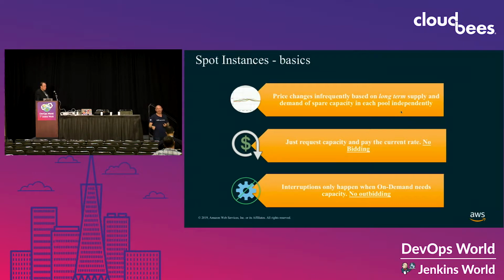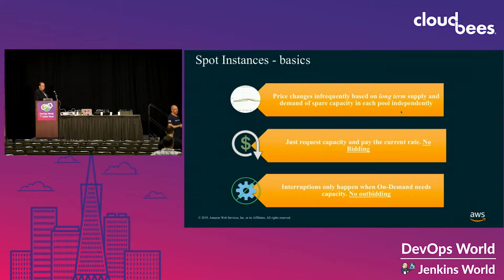It's going to be at about 60 to 70% off the on-demand price anyway. Just leave it blank. If you leave it blank, it defaults to the on-demand price. Okay? All right, so got that covered. Hopefully that all makes sense. And as I said, we don't do interruptions because of anything related to pricing.